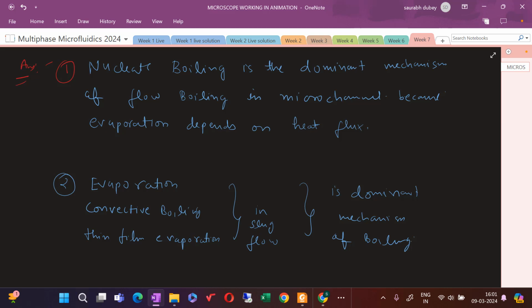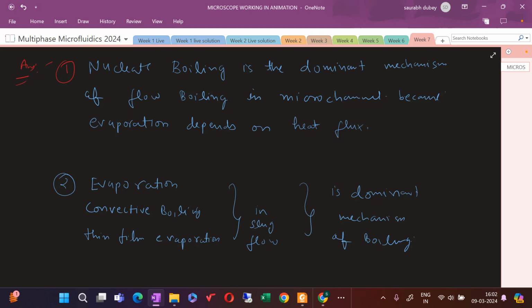So the heat transfer increases with the heat flux and the system pressure, but is independent of the mass flux and the vapor quality. Vapor quality, you remember, is the mass of the gas to the mass of the gas plus the mass of the liquid. That's why the nucleate boiling contribution is determined based on these effects, and so it has been proposed to be the dominant mechanism of boiling.